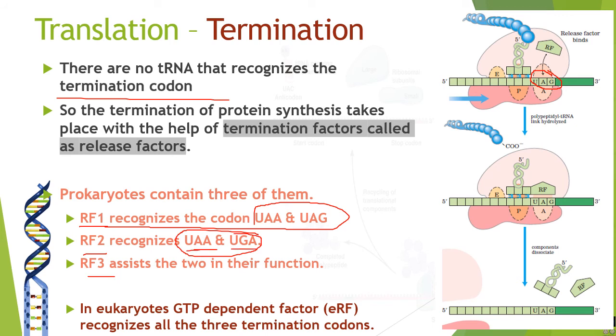One is common, that is UAA, which is recognized by both RF1 and RF2. Then RF3 is important in assisting the function of RF1 and RF2. In eukaryotes, the release factor is the eukaryotic release factor, and only one kind of release factor is present there, which brings about the termination process.